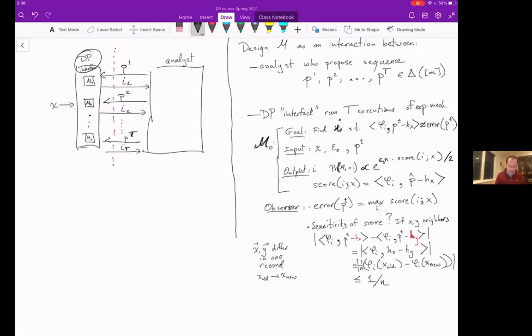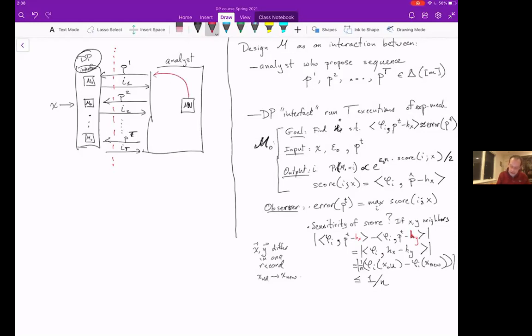All right, so what's the analyst going to do? The analyst, in its head, is trying to come up with distributions. And so what it will be doing is running a copy of the multiplicative weights algorithm. That will give it some initial P1.